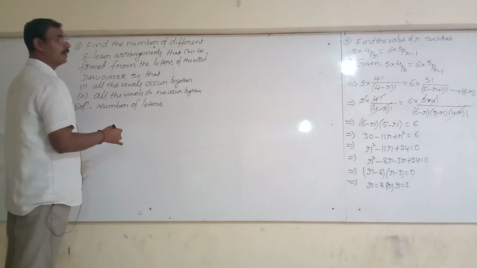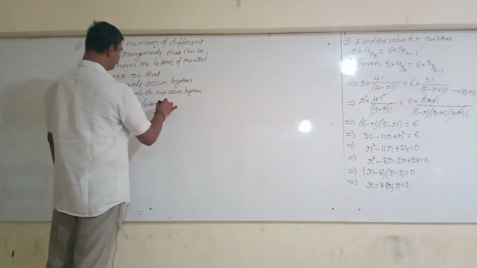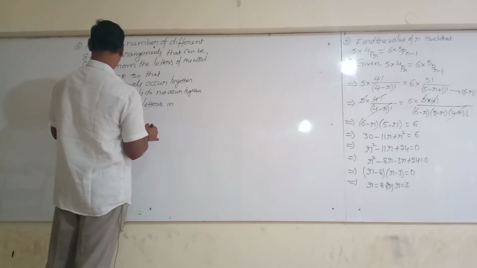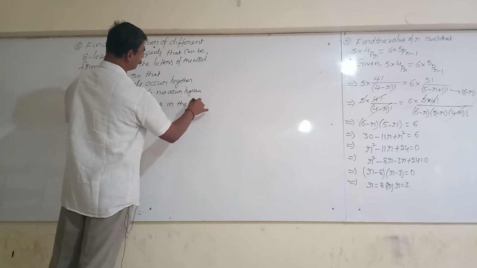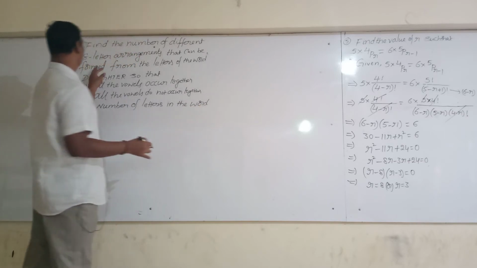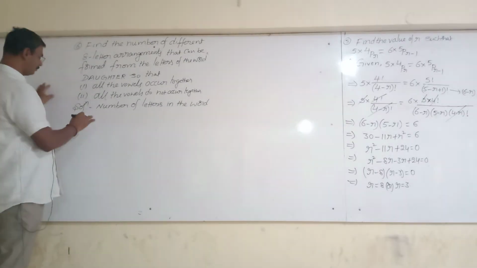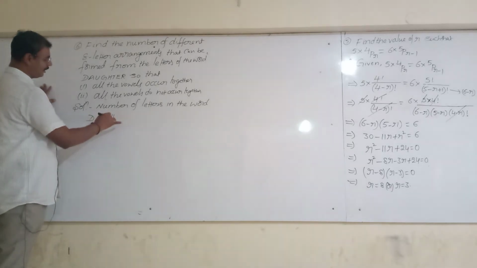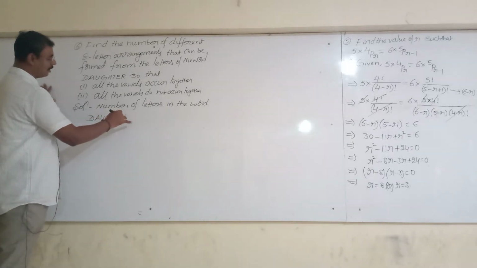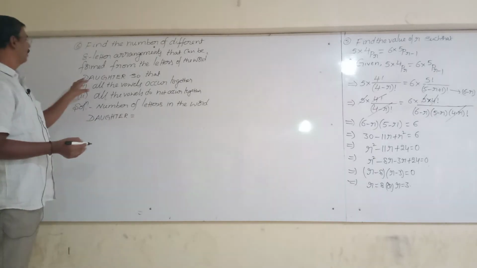in the given word. Number of letters in the word. Which word is given? Daughter given. DAUGHTER. How many are there?